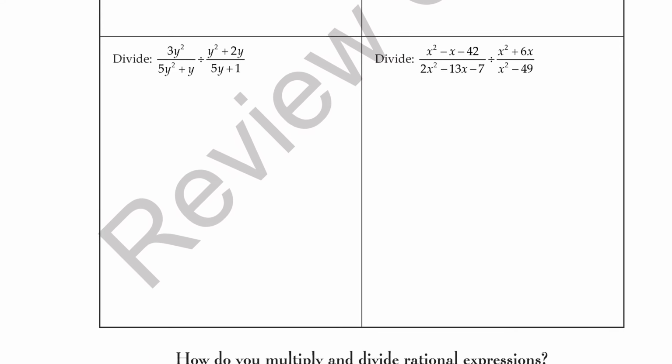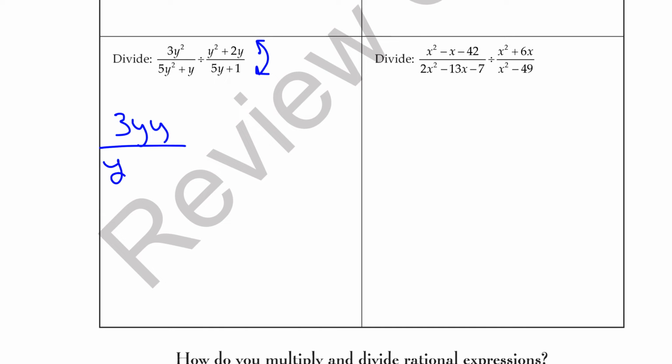All right, and these are more complicated factoring down here. So we're going to start with 3y squared, which is a monomial. I'm just going to tear it apart. I'm actually going to put those arrows on so I don't forget to flip. So 3y squared is 3 times y times y. 5y squared plus y has a GCF of y.